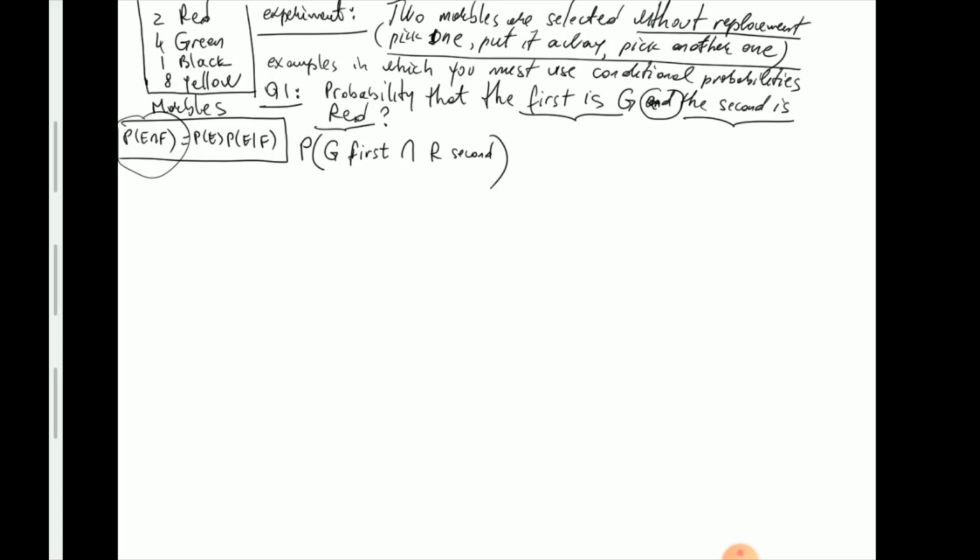If I use this formula on the left, I can write it in terms of conditionals in the following way: the probability of green being the first marble times the probability that red is the second given that green is first. So we simply restate the probability of the intersection of two events using conditional probabilities.